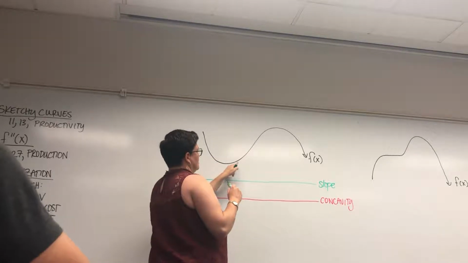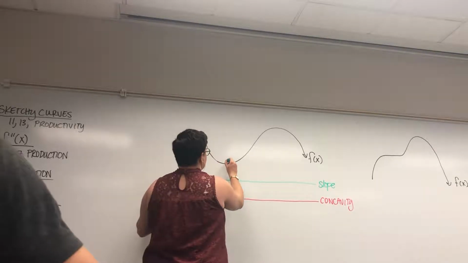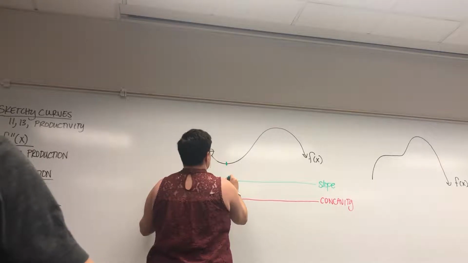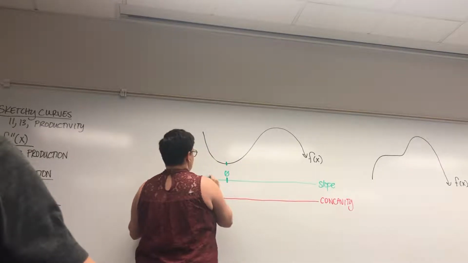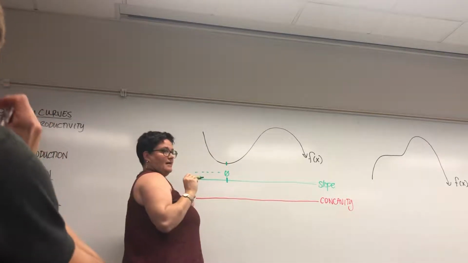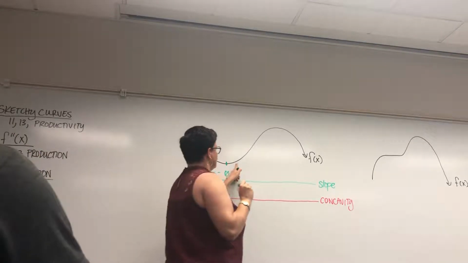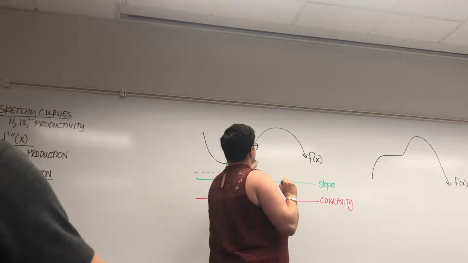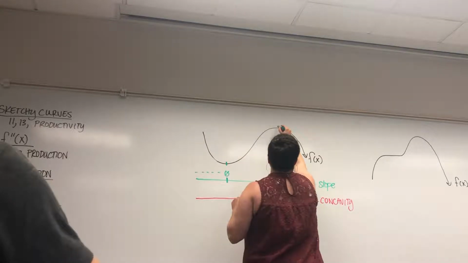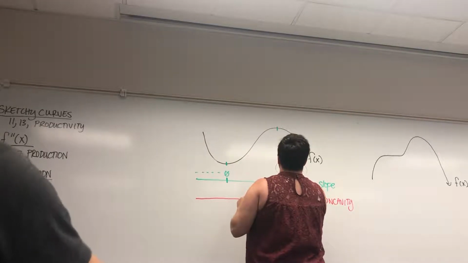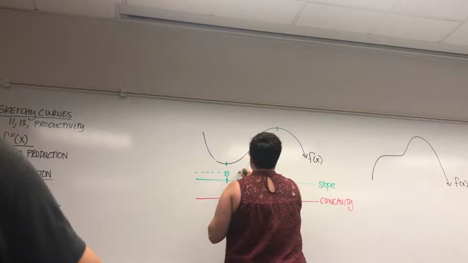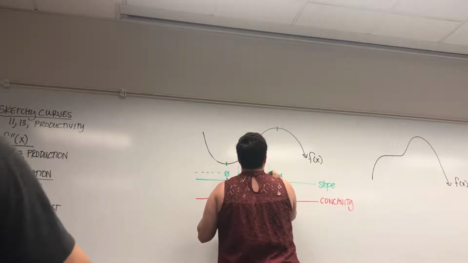Negative. Negative until that spot, right? And then it becomes 0. So we have a 0 slope there and a negative slope before it, right? What about in this region? Positive. It's growing until this point, at which point it tops out. So we have a positive slope in this entire region.